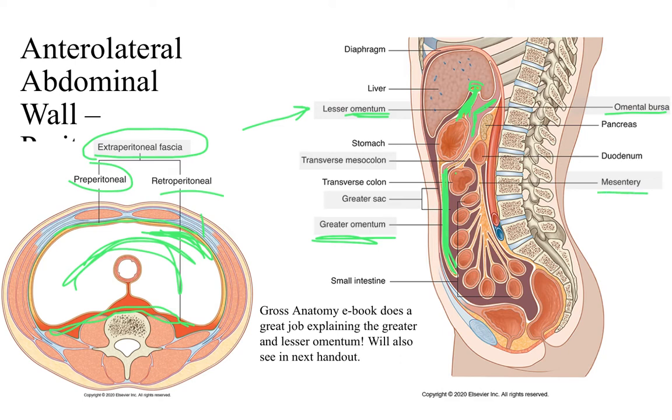Okay, another big one, the mesentery. If you were to pick up your small intestines and look at them, you'd see that they are all interconnected to each other through this membrane called the mesentery.